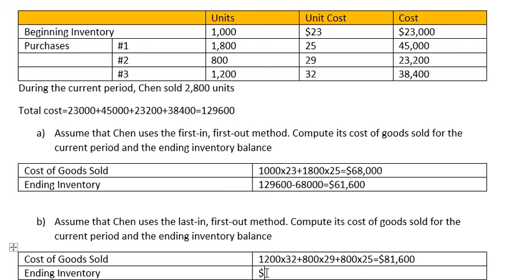For ending inventory, we take this number minus this number in here. So we have 48,000.